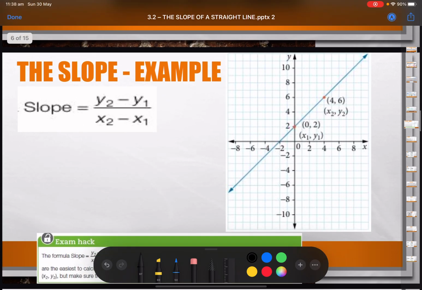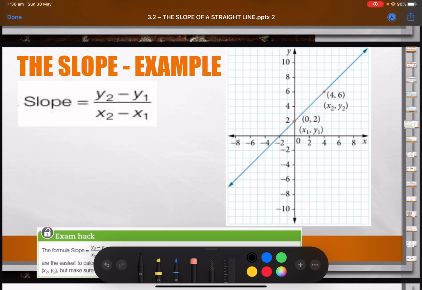All right, so now to look at an example. So basically, I've been given a graph and I have to identify what the slope is going to be, what my m value is going to be. So we know that our formula is m equals y2 take away y1 over x2 take away x1. That's always going to be our formula.